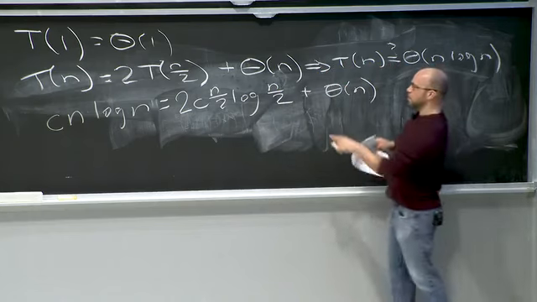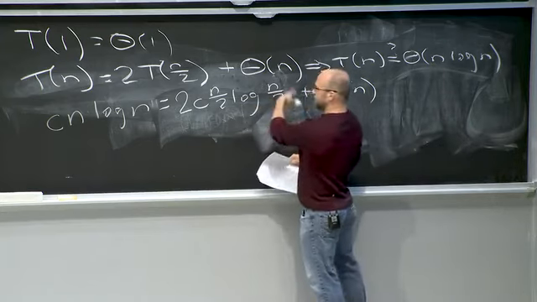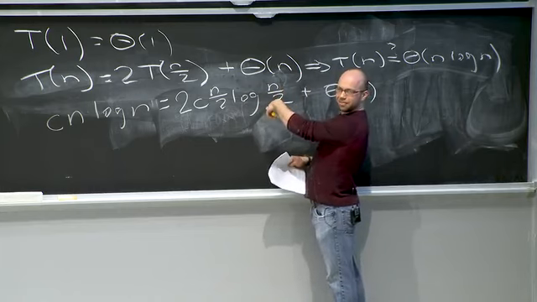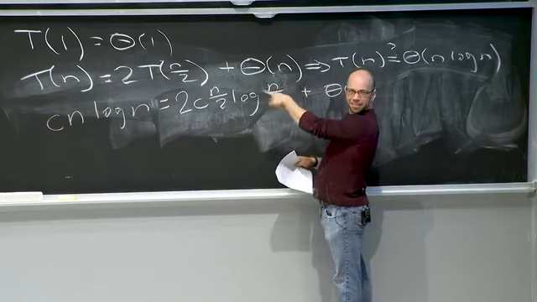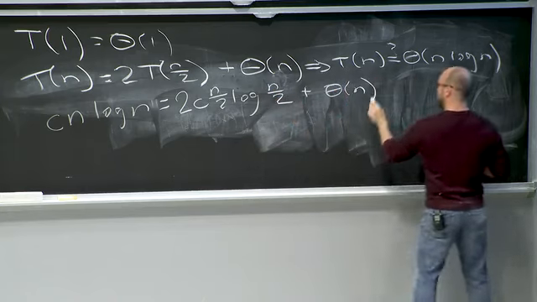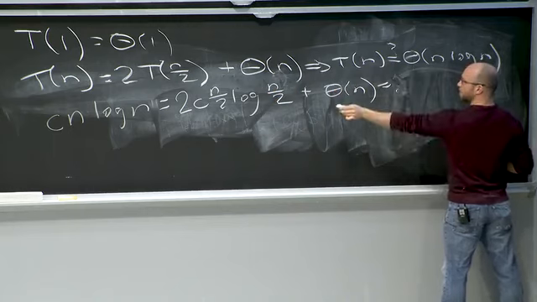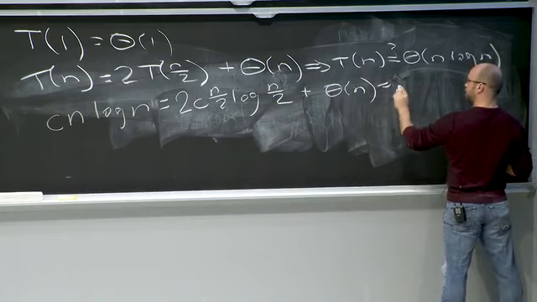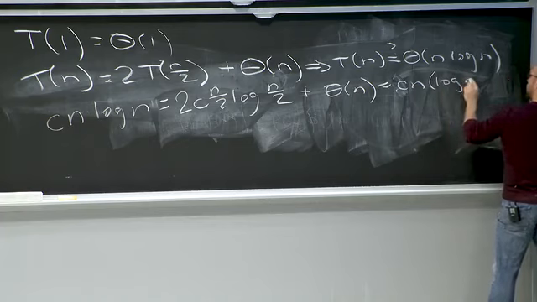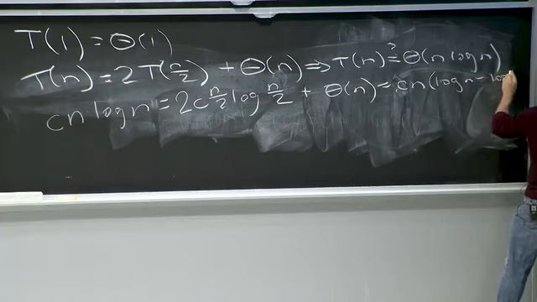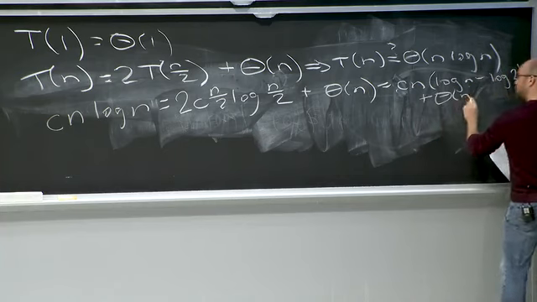Okay? So remember, if we use our favorite identities from high school class that you probably forgot. Remember that log of 2 things divided by each other is the difference of the logs? Right? So this is really 2, 2 divided by 2 is 1. So this is c times n times log n minus log of 2, plus theta of n.